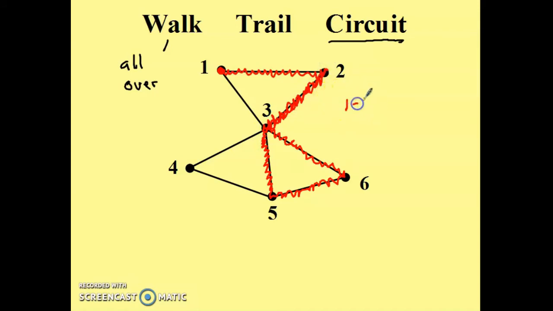So I did 1, 2, 3, 6, 5, 3, 2. That's called a walk. There's no rhyme or reason. It can repeat, go over the same edge twice. I went through 3 a couple times. None of that matters, right? That's just a walk all over the place.